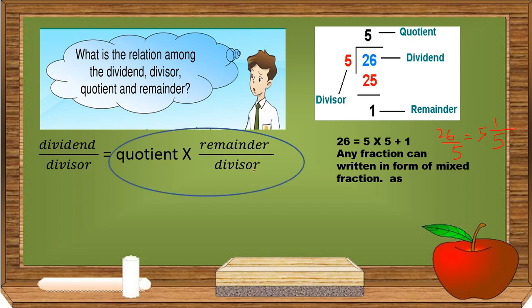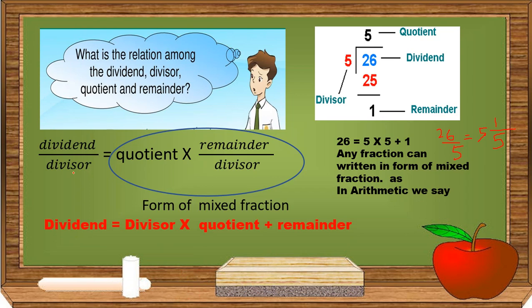Now the right hand side of this expression is in the form of a mixed fraction. So in arithmetic, when we multiply by this divisor, we get quotient into divisor here. Now when this divisor is multiplied, it will cancel out.